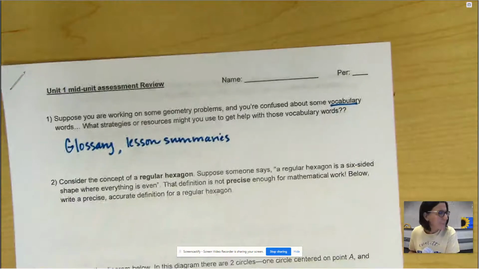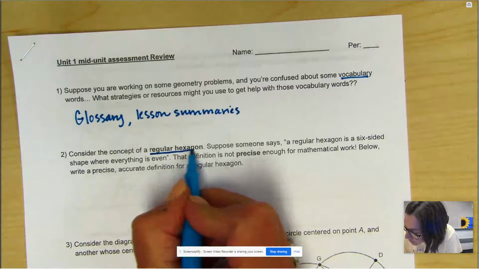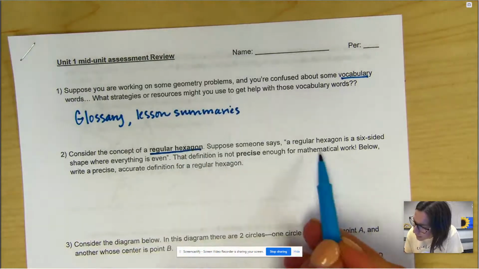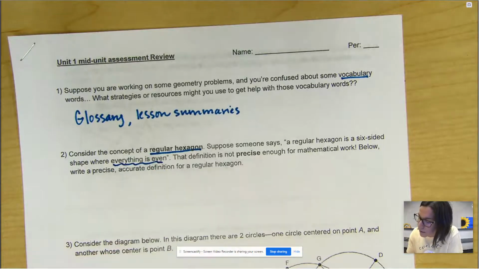All right, next one. Consider the concept of a regular hexagon. Someone says a regular hexagon is a six-sided shape where everything is even. This isn't specific enough. What does that mean?